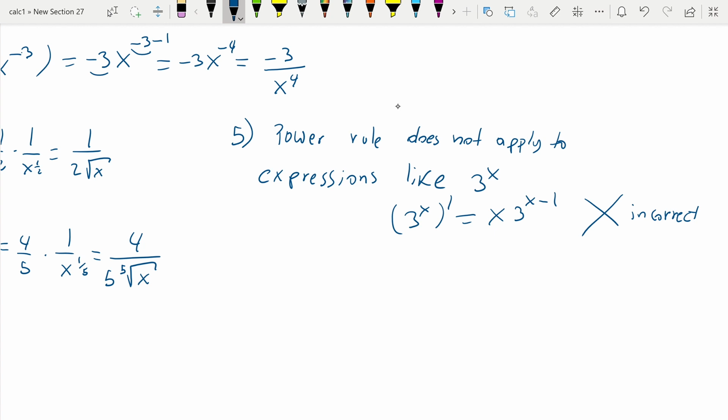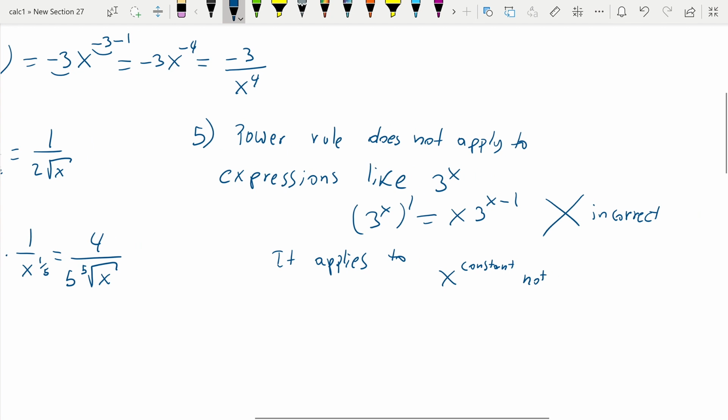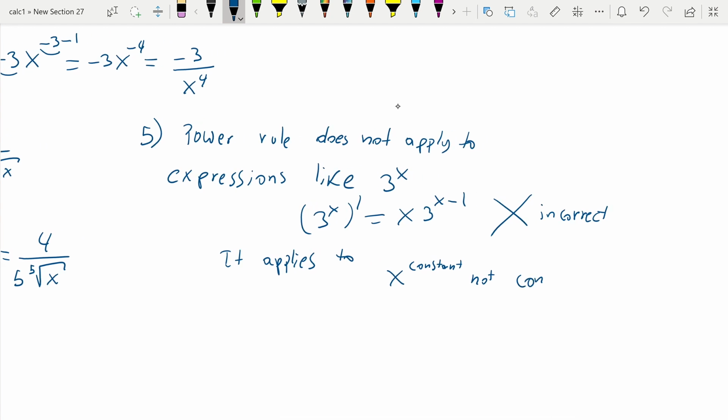Power rule applies to expressions of the form x to some constant, not a constant to the x. This is something I may also ask for the mini quiz.